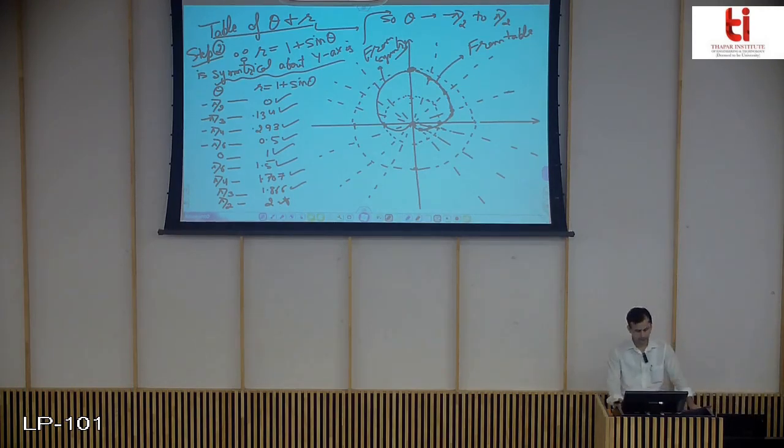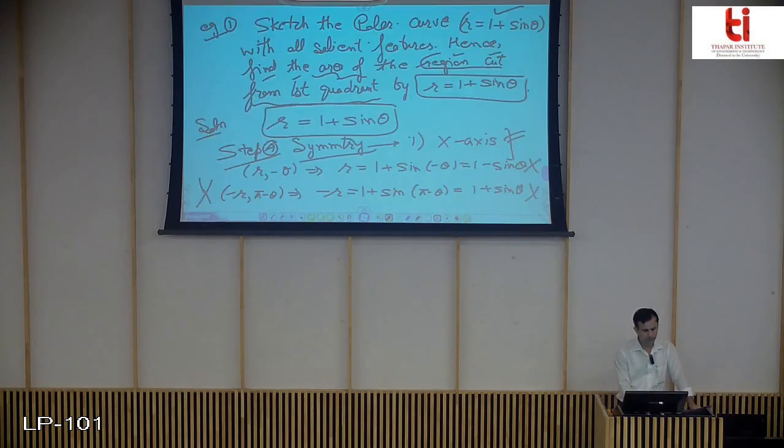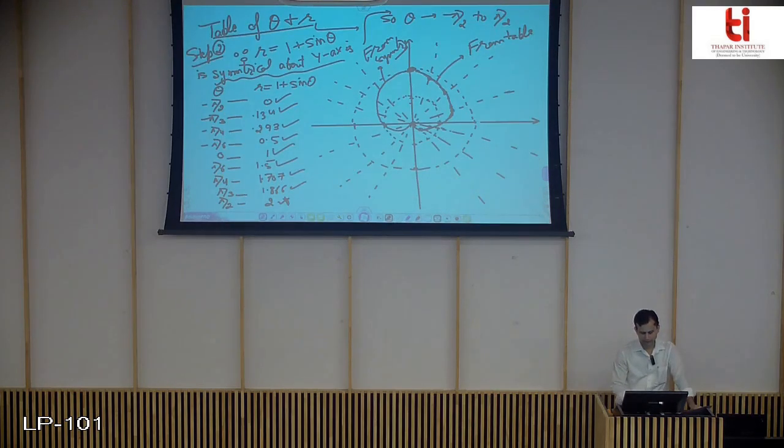And then one part of this question is complete. That is, you have sketched r equals 1 plus sin theta. Next is to find the area of the region cut from the first quadrant. Clearly you can see here, if I draw it without any scaling, it is again a cardioid, a heart shape.